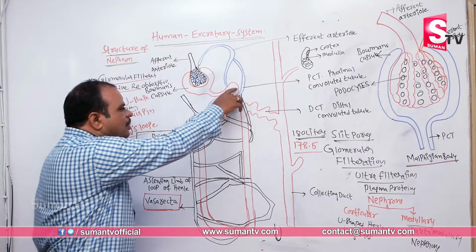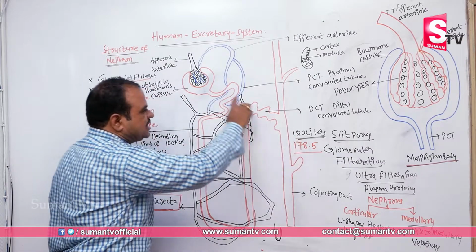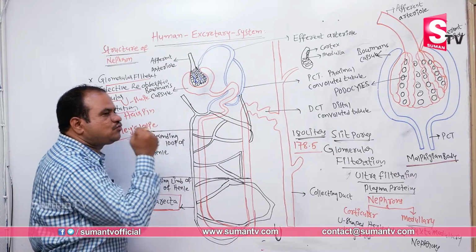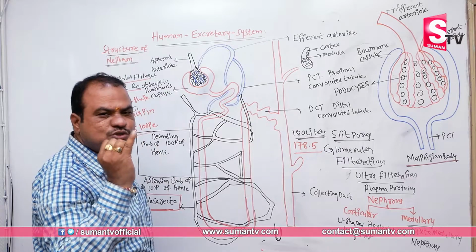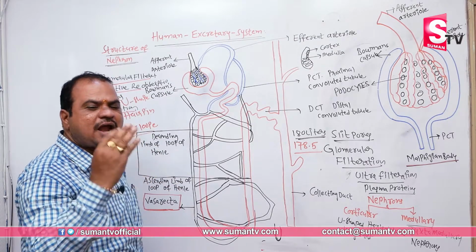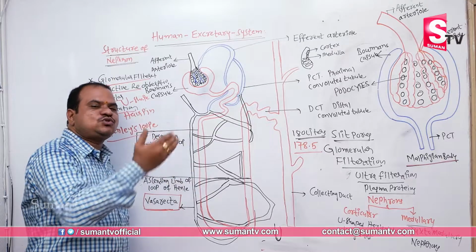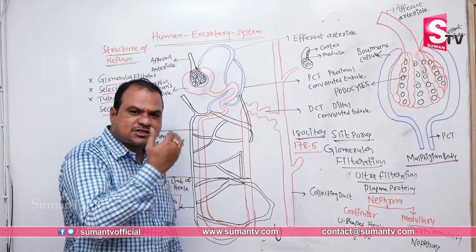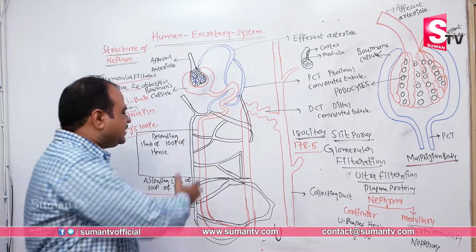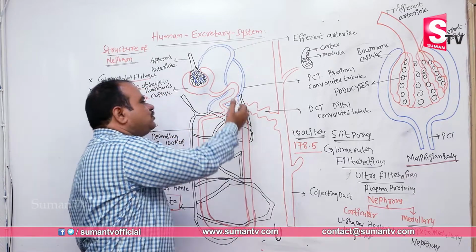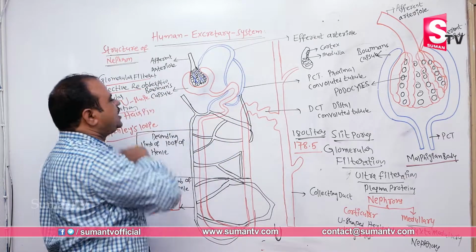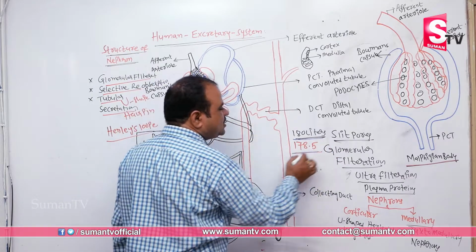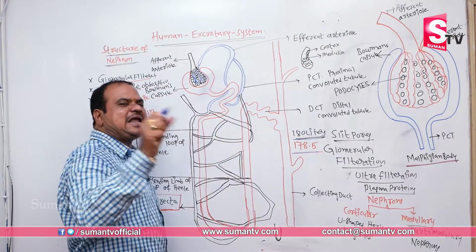Here also, after glomerular filtration, whenever the filtrate passes through the descending limb and ascending limb, the useful components like sodium, potassium, calcium, magnesium, chlorides and water are reabsorbed through the collecting duct. That is nothing but selective reabsorption. So 180 liters of filtrate is formed, but 178.5 liters are reabsorbed.